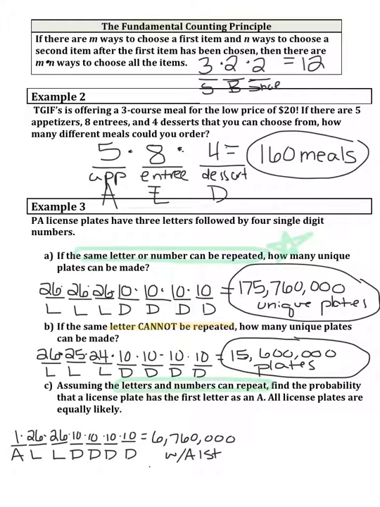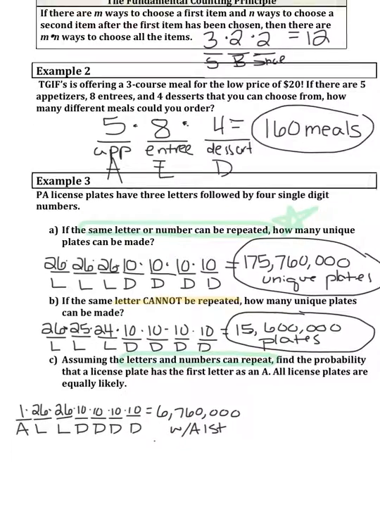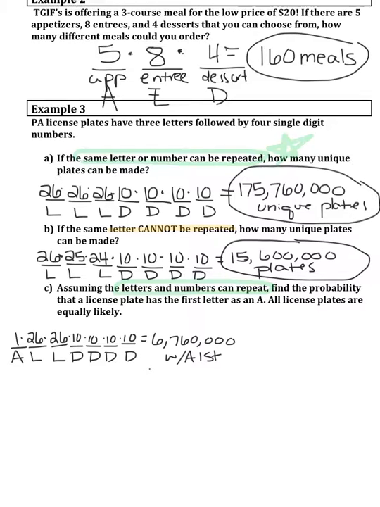Okay, so the second step then is to find the probability that a license plate, let me move this up a little bit, get myself more room. Find the probability that a license plate has the letter A. Remember what probability is. Probability that it's the first letter, A, is going to be, in the numerator, how many plates have a letter A, and in the denominator, how many plates can be created.